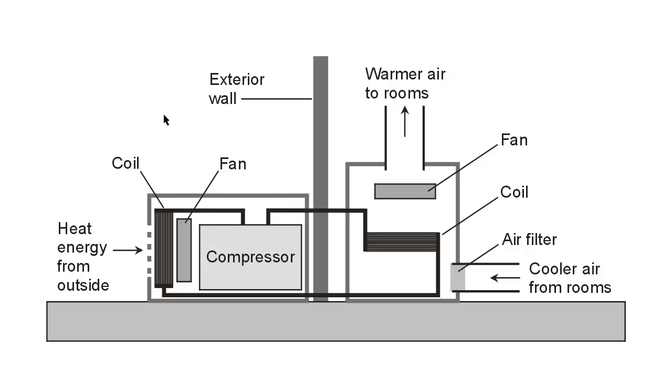Unless it's that cold outside, there's always some heat energy out here. And with a heat pump, as long as it's relatively above about 4 degrees Celsius, you can get good efficiency and a good coefficient of performance.